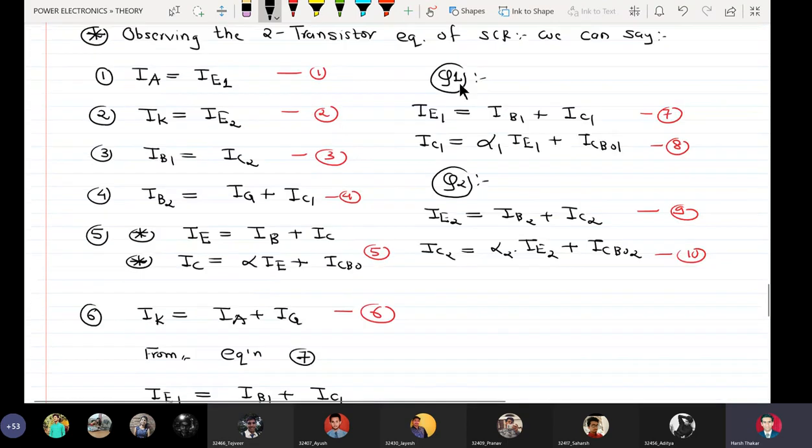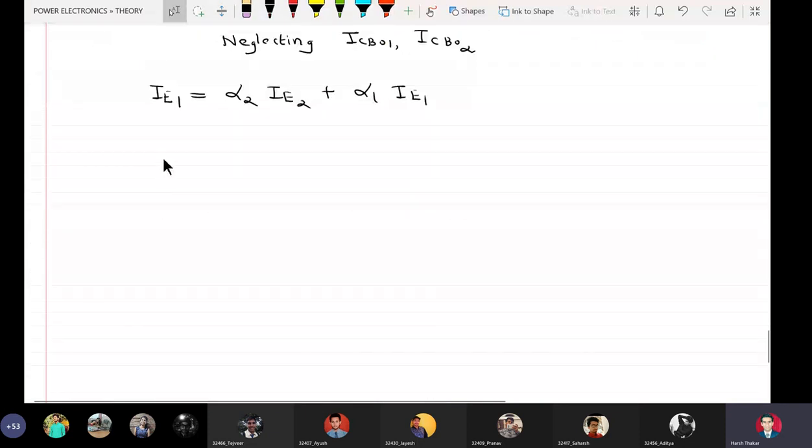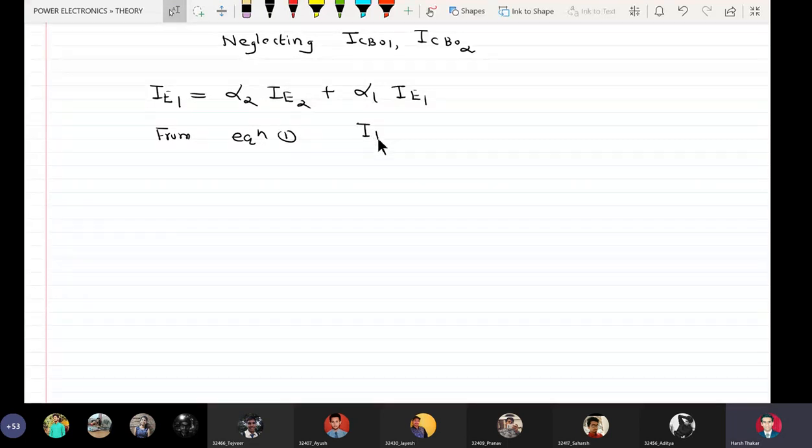Now students, we know from equation number 1 that IA is equal to IE1. So IA is equal to alpha 2 into IE2 plus alpha 1 into IA.